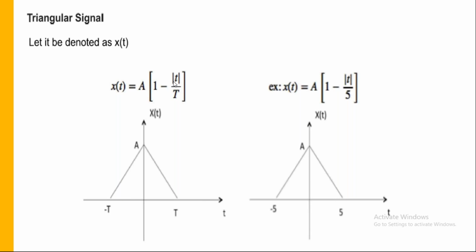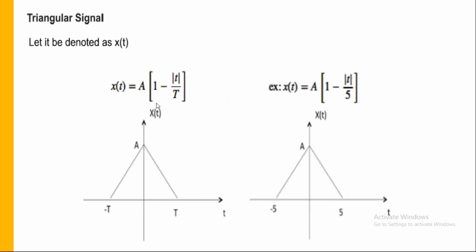That means when I say modulus of t, you have to write plus t as well as minus t. Now, if you observe this, I can write this equation like this: x of t equal to A into 1 minus, in the modulus portion, I am going to consider plus t. Then I can write x of t equal to A into 1 minus small t by capital T.